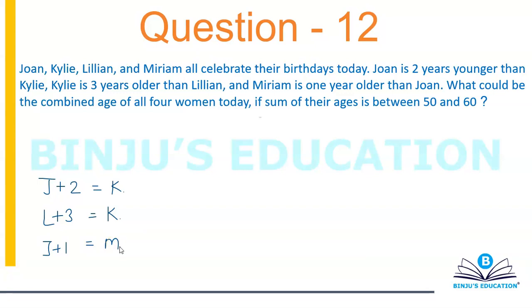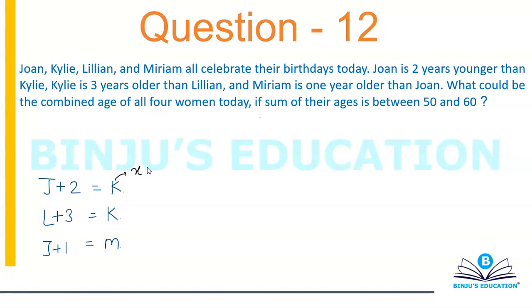What could be the combined age of all 4 women today if the sum of their ages is between 50 and 60? So what I'm going to do in this question is, let's take the value of K to be X and calculate the value of the remaining 3 in terms of X only, so that it becomes easier for me.